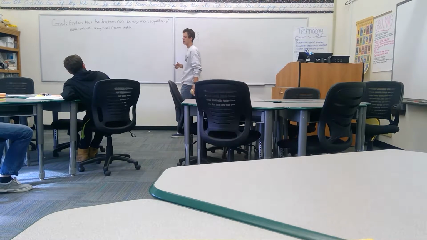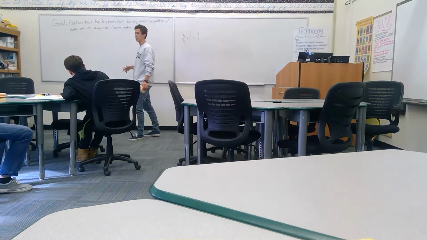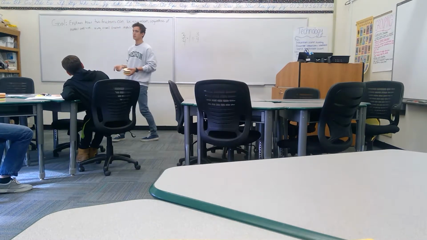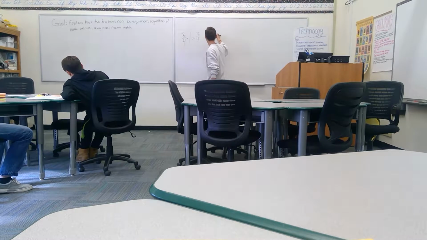Okay. So with that background knowledge that we know a number multiplied by 1 is itself, what happens when we change that number? So the 1, let's just keep it 3/4. What if we change it to 2/2? What happens then?